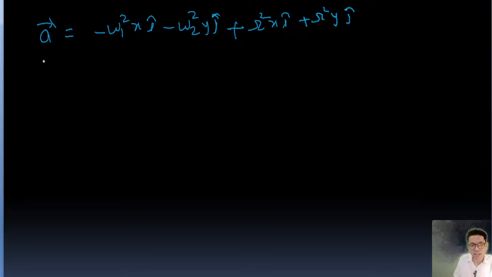Or we can write the vector a value as x i cap plus y j cap, and this is going to be minus omega 1 square x.